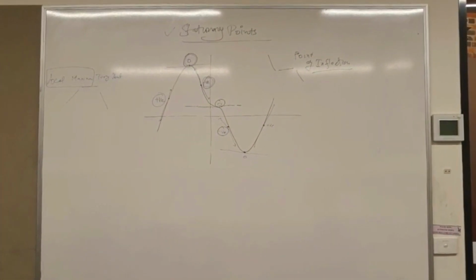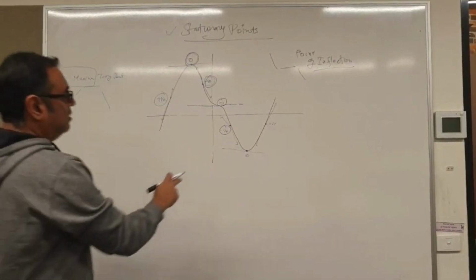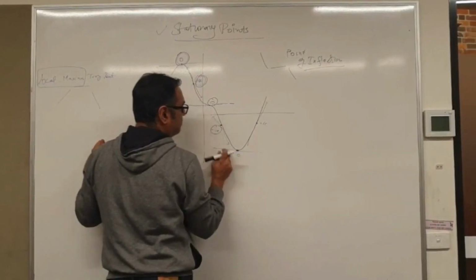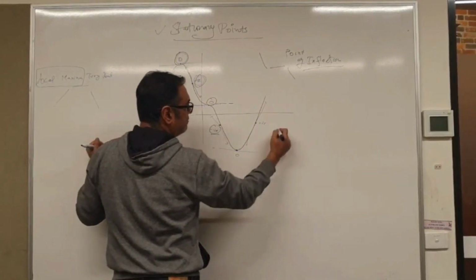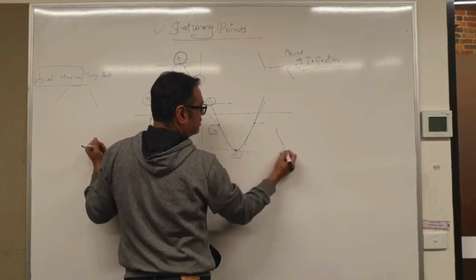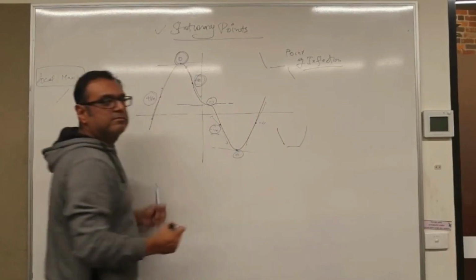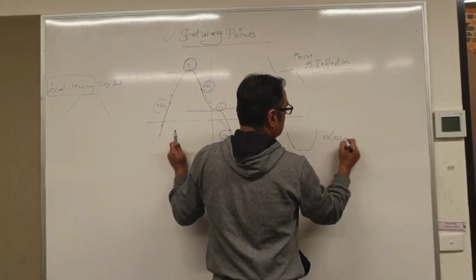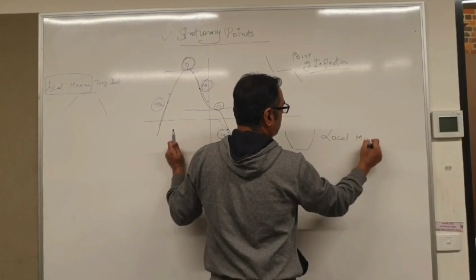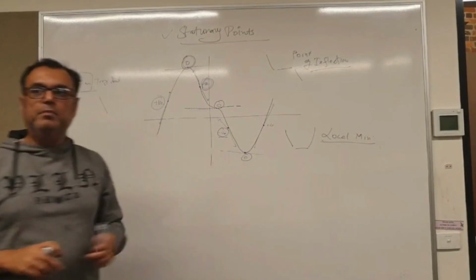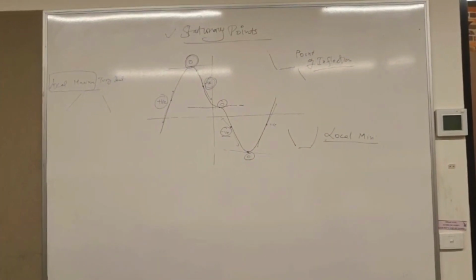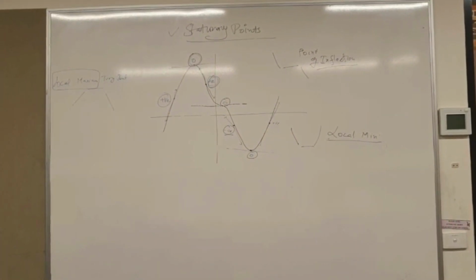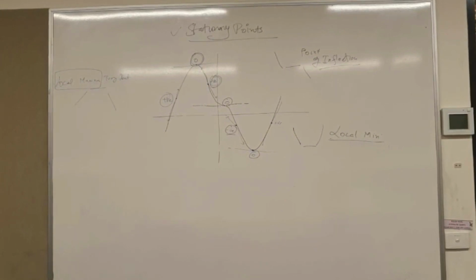It is also a stationary point. What about here, Romel? Negative, 0, positive. And I call this a local minimum. Right? Make sense?